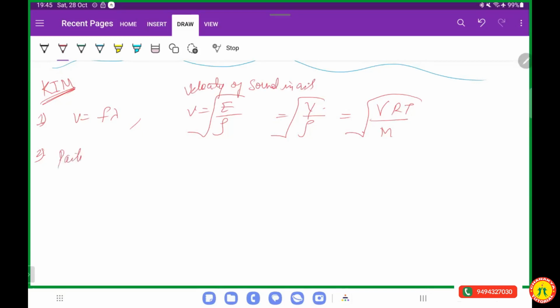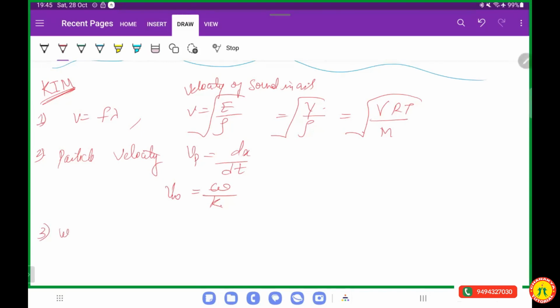So particle velocity, dp equals dx by dt in any medium, omega by k. k is that constant.